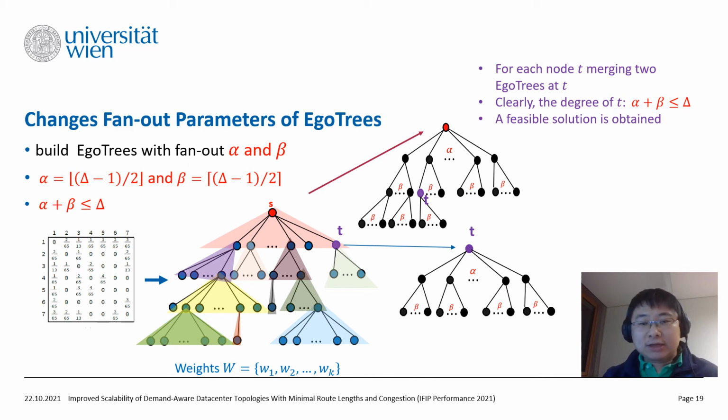Now we construct an Ego tree with the fan out alpha and beta, so alpha plus beta will be no more than delta. Then this node T is a child in this Ego tree and a root in that Ego tree. When we merge them, its degree is at most alpha plus beta, which is no more than delta. That's why we can obtain a feasible solution by merging these Ego trees.